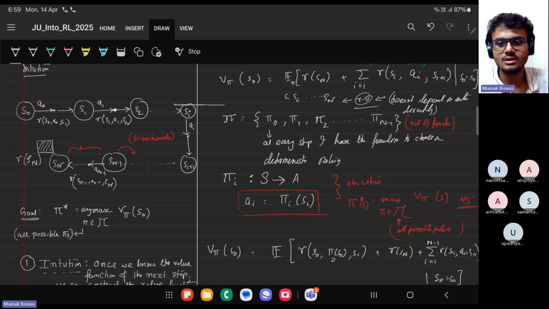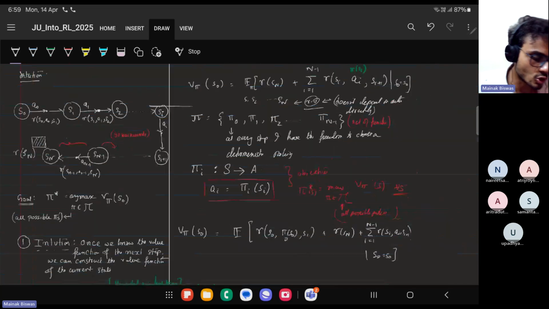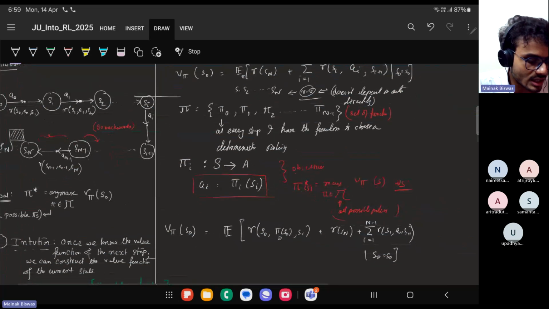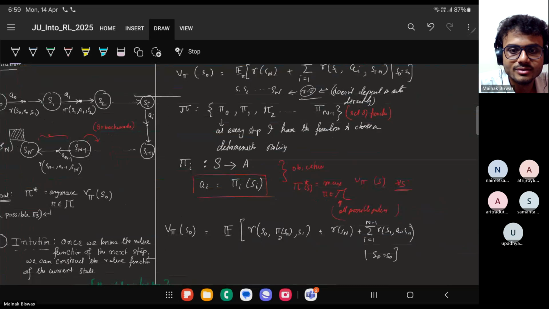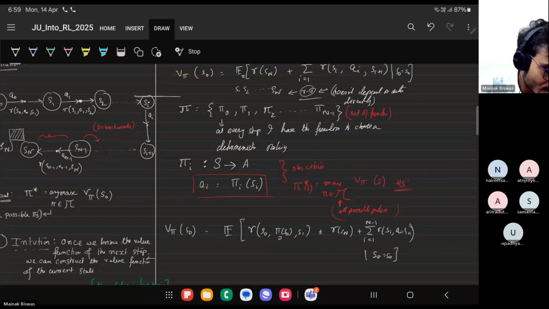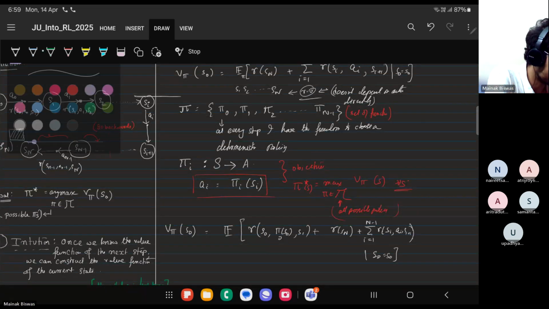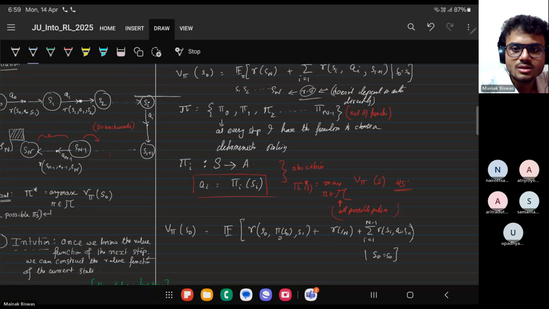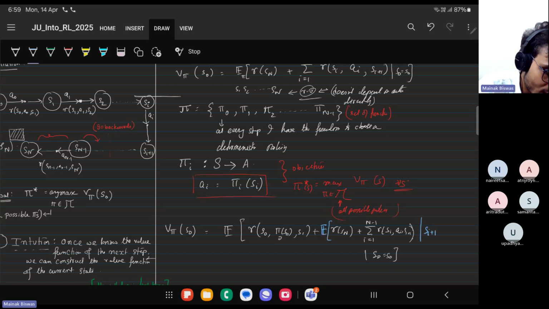Fine with everybody? So now tell me, what trick will I use to convert it into an equation that I already know? We have done this trick infinitesimal number of times. Very simple trick. Do you see a recursion over here? Can I take an expectation of this conditioned on Si plus 1, or S1 in this case, to be some S prime?